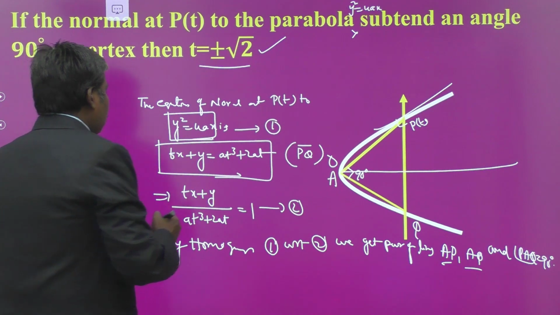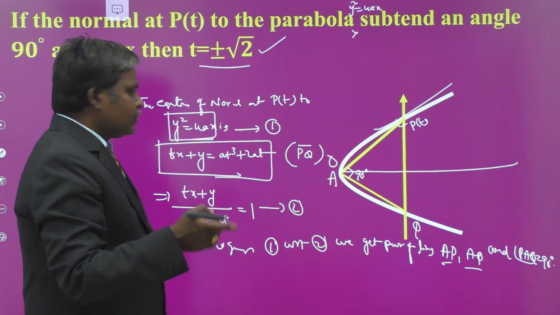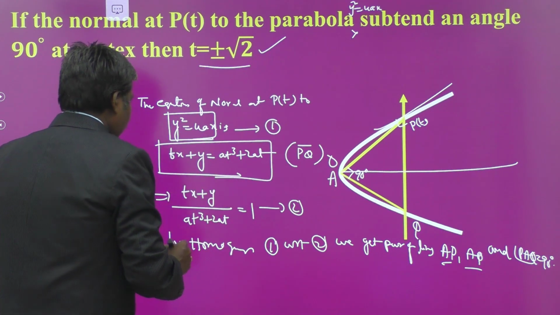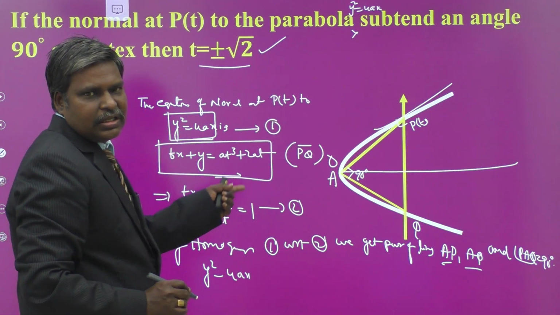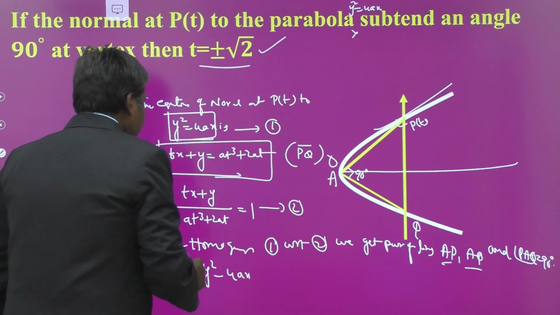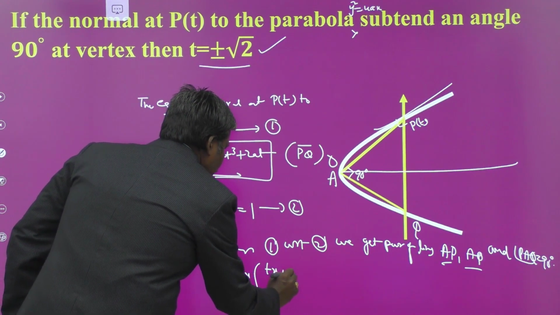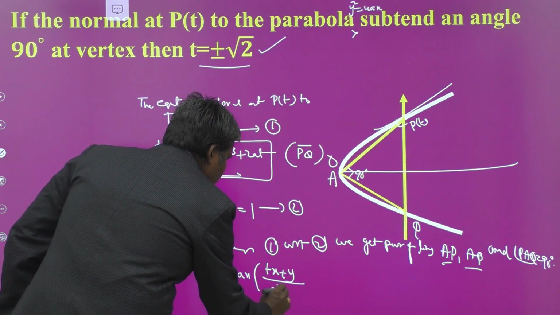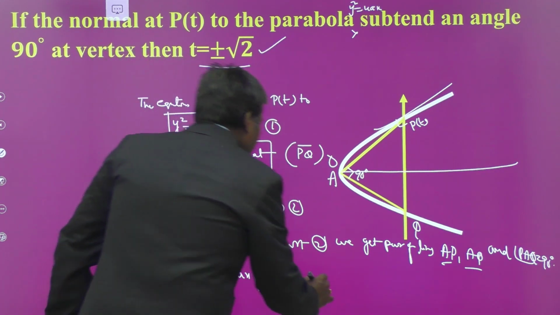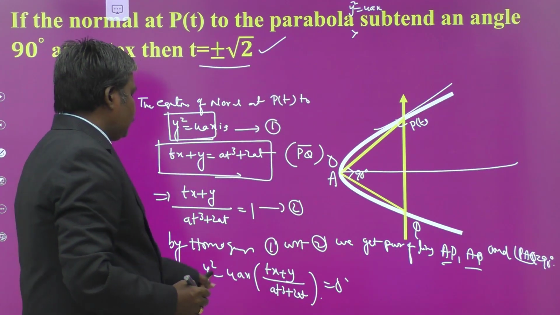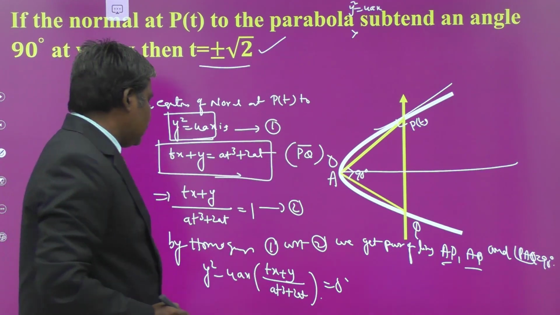Now how to homogenize this one? Replace 4ax by 4ax into 1. Instead of 1, you have to write this one. So y square minus 4ax into 1, all of you know how to homogenize the curve with respect to the line. Instead of 1, I have to write (tx plus y) by (2at plus at cube), is equals to 0. Now here the coefficient of x square plus coefficient of y square is 0 because the angle is 90 degrees.